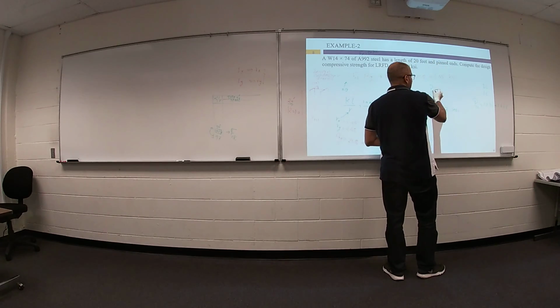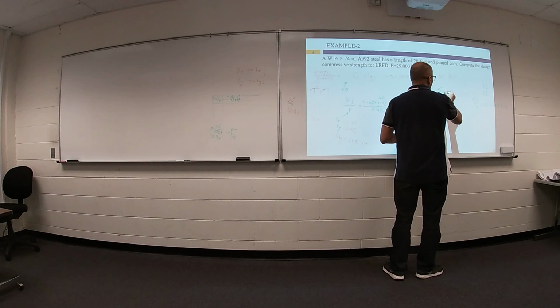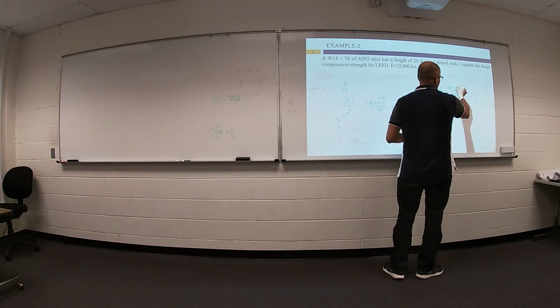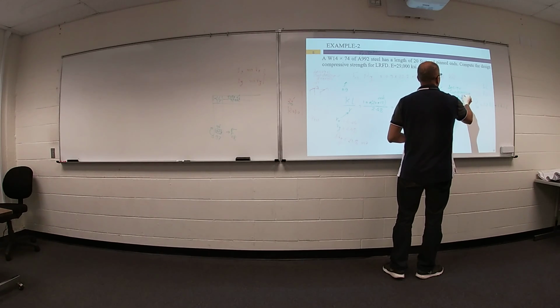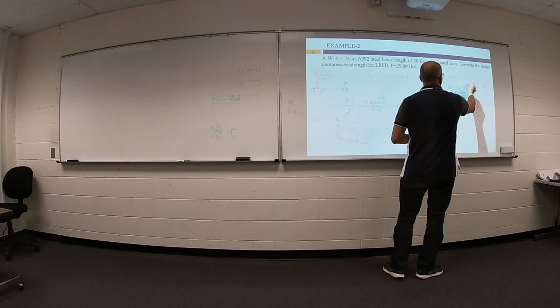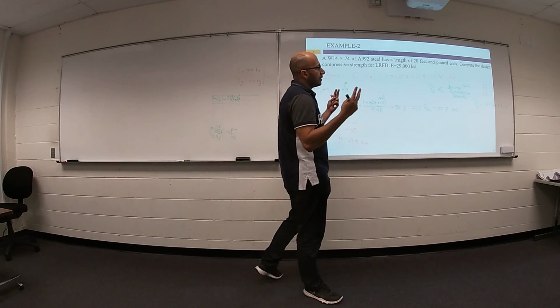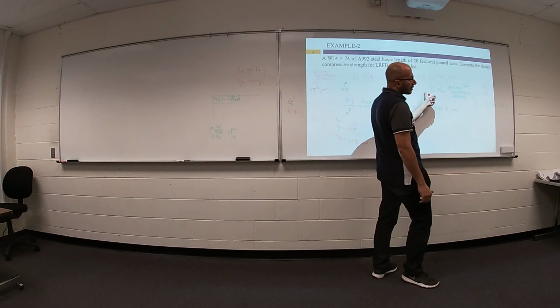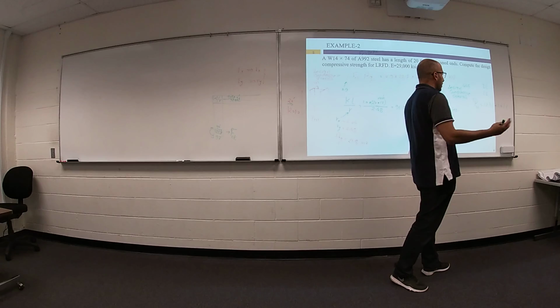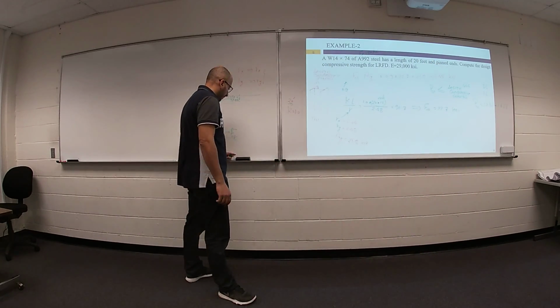Your P ultimate from structure analysis must be smaller than or equal to the design compressive strength, which is 445. So we have two terms, the first one from your design, the second one from your structure analysis, from RISA or whatever, you can get it from reaction on the column.